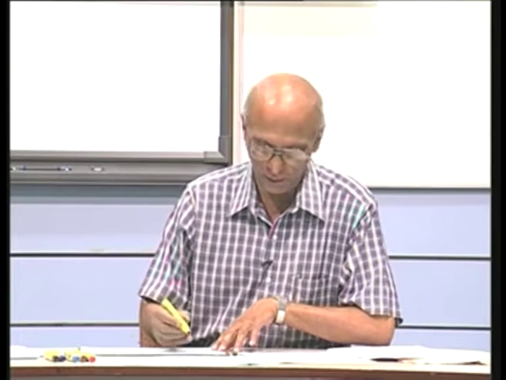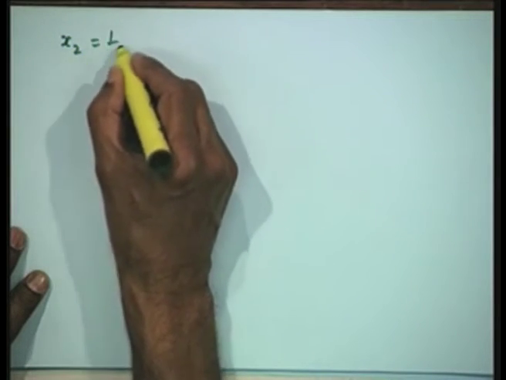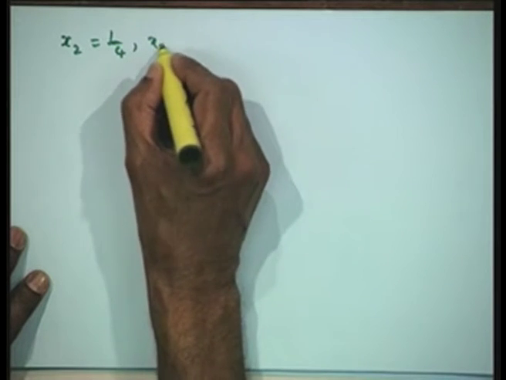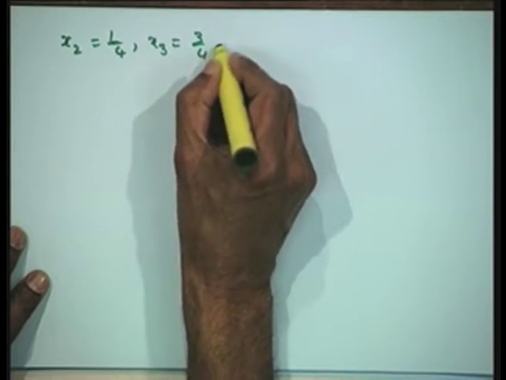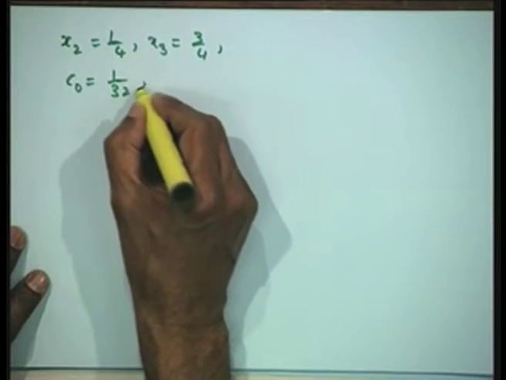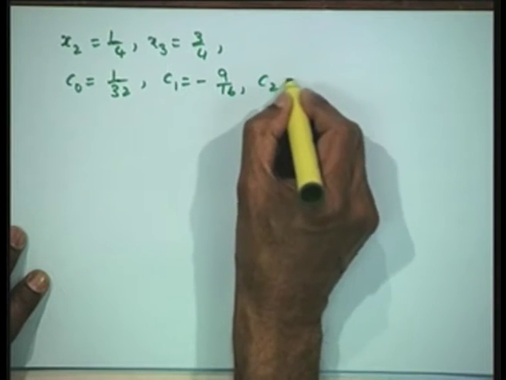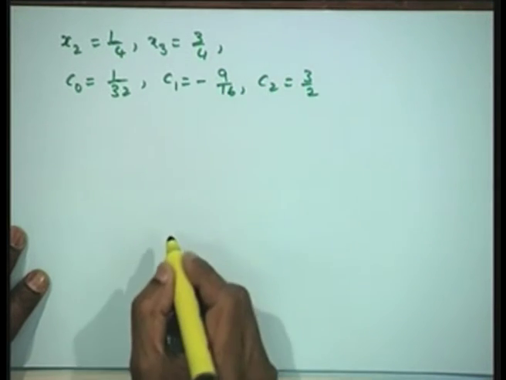I will give you the solution of this problem, you can verify the values of c naught, c 1, c 2 and so on. So, I would give the values of x 2 is 1 by 4, x 3 is equal to 3 by 4, c naught is 1 by 32, c 1 is minus 9 by 16 and c 2 is 3 by 2.